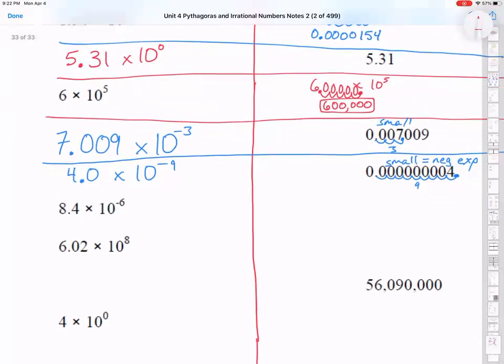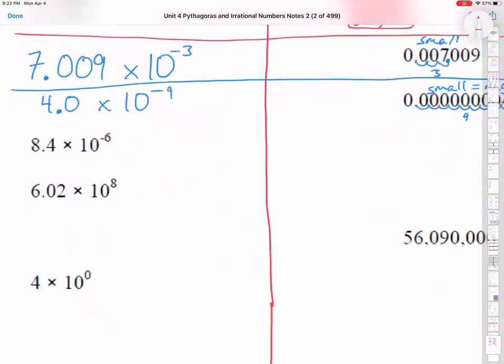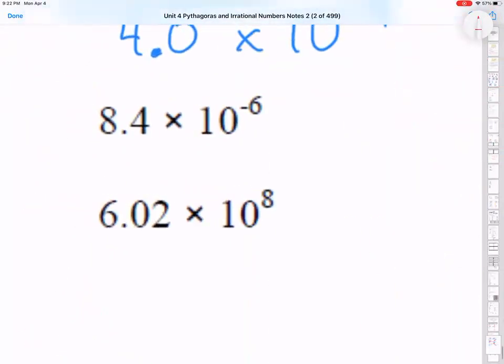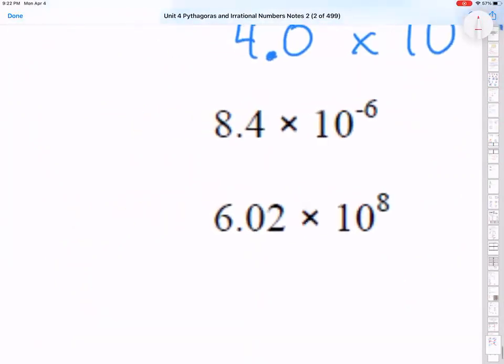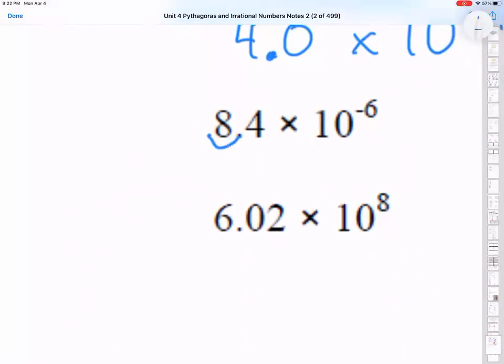Next up, we have 8.4 times 10 to the negative 6th. Again, negative exponent there, trying to get this in standard form. Because it's a negative exponent, we're going to move it left, and it's going to become a really small number. So 1, 2, 3, 4, 5, 6.